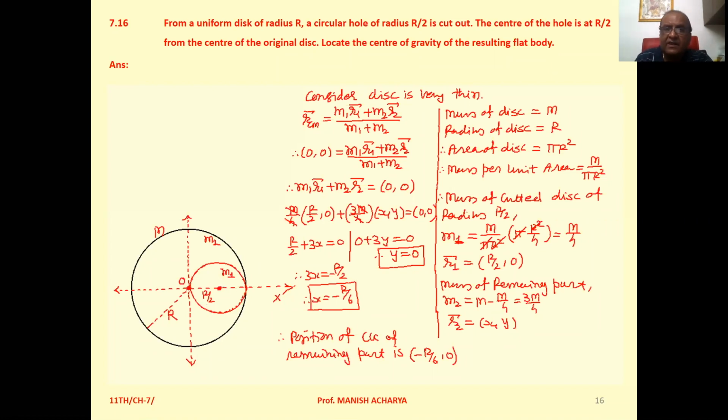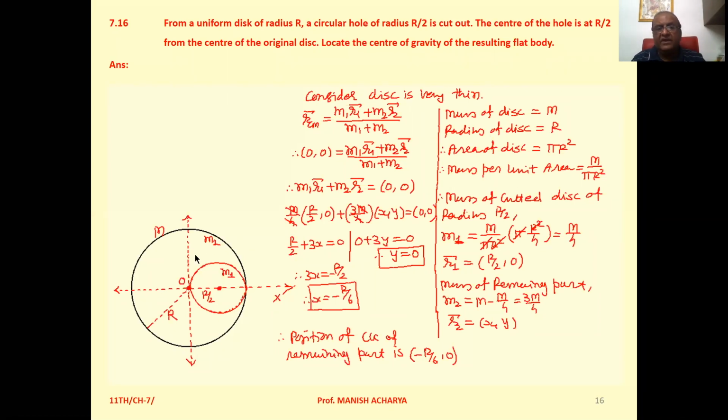So here we can say our original disk is made of two constituents: one constituent is this small disk having radius R by 2, and the other constituent is this remaining part.